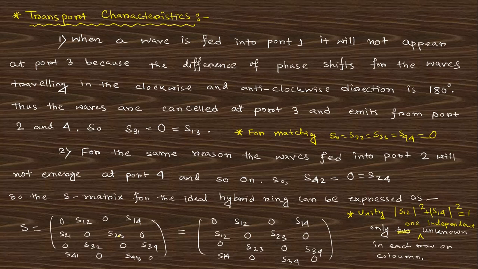By using this S matrix, you can say, for a magnetic field or electric field, or the microwave, when it is input at one port, how much output will come out from the other port, right? This can be obtained using this S matrix, which has only one independent variable.